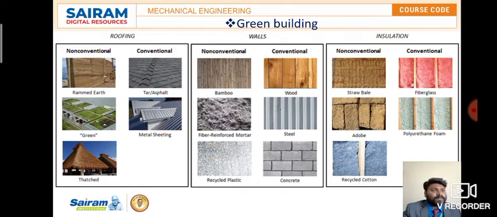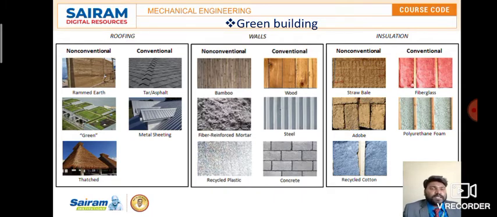The conventional methods that we follow are fiberglass and polyurethane foam. On the other side, the non-conventional ones are straw bale, adobe and recycled cottons. So the time has come for us to shift to the non-conventional methods, right?